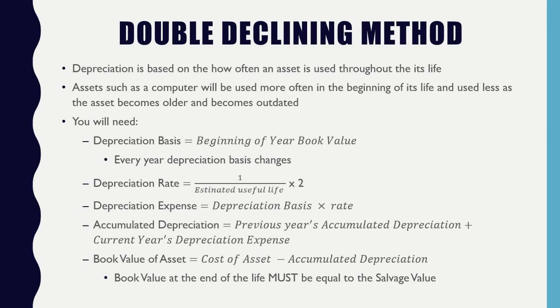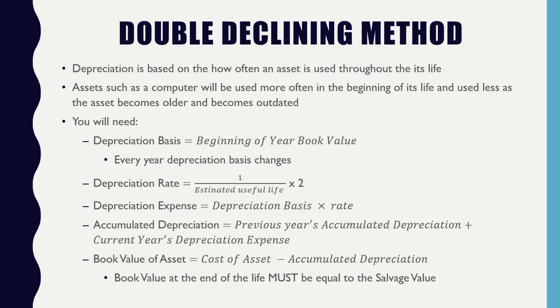Since the depreciation basis is always going to change, it's also going to produce a different depreciation expense. And of course, we talked about accumulated depreciation and book value. Those are all going to stay the same.